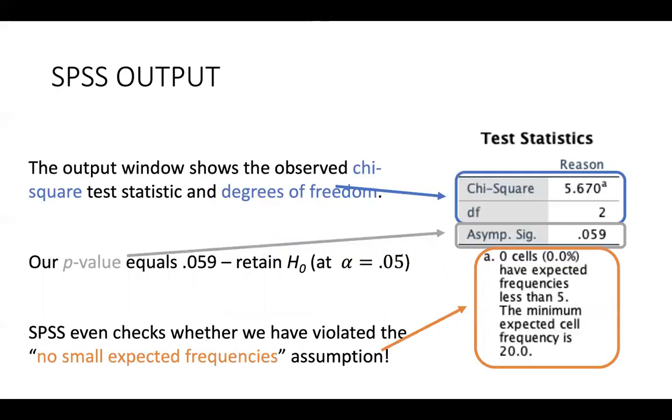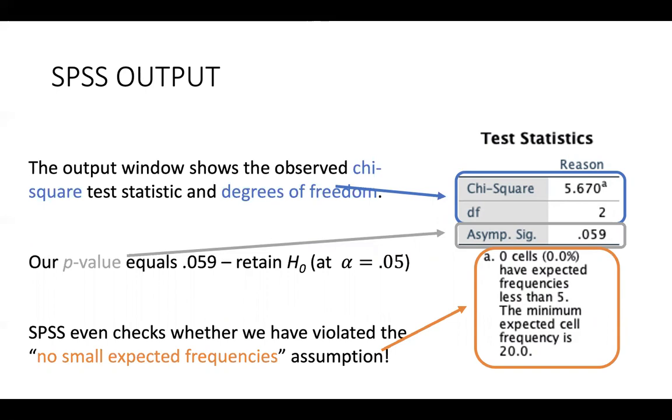The other part of the output that you get is the chi-square value, your degrees of freedom, and then your significance value, so your p value. Same thing as before, if your p value is less than 0.05, you reject the null. If your p value is greater than 0.05, you retain the null.